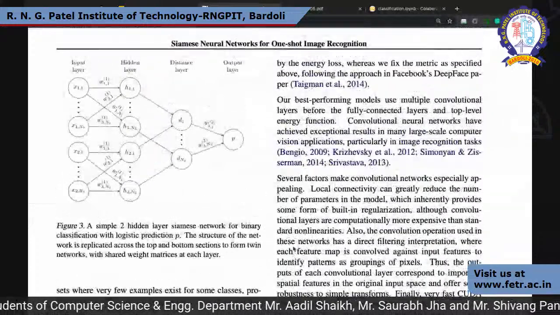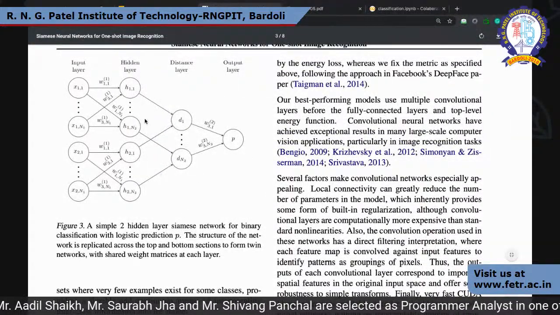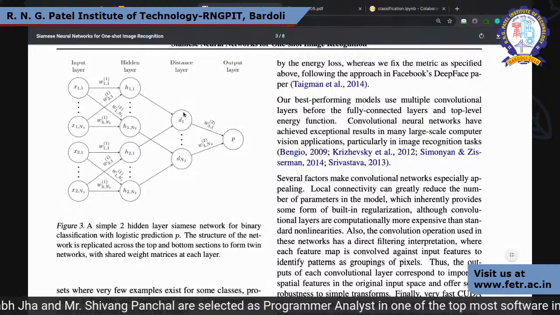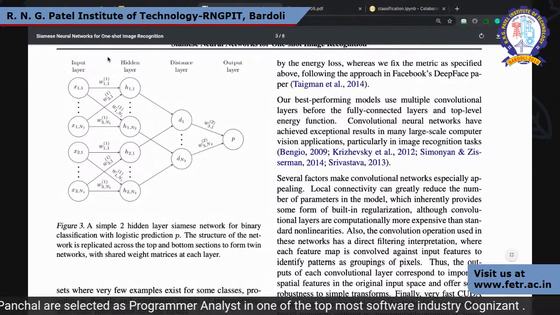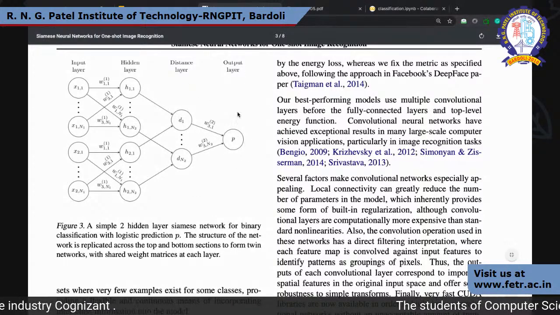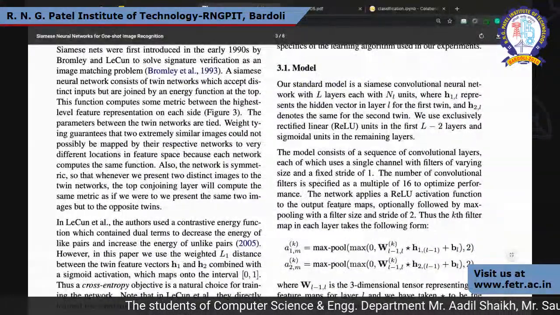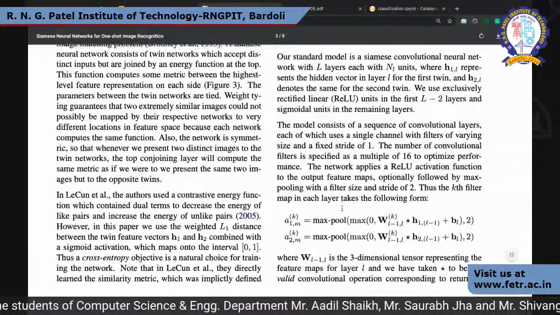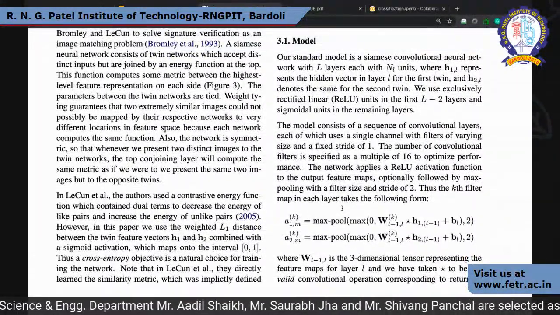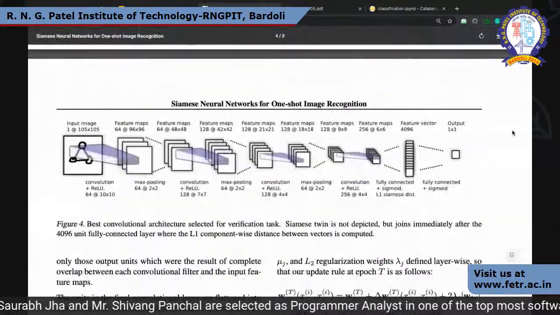If you go through the whole paper, they defined the neural network using this, and they defined another layer called the distance layer. So these are the input layers, these are the hidden layers, and then there is a distance layer as well, which is connected to the output layer, right? They defined model guidelines over there on how to do the max pooling. They used the ReLU function, and the whole architecture is defined over there.